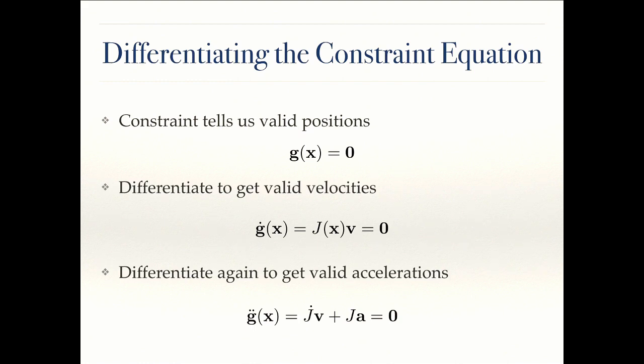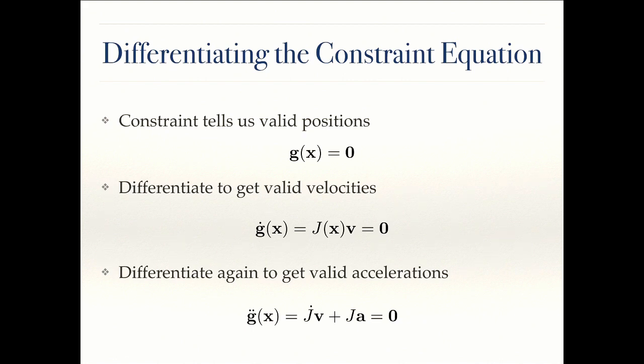And differentiating it once again, I get an expression for what are valid accelerations. So I apply the product rule to this, and I get J dot v plus J v dot, which is a, equals 0. So these two additional equations came from our original constraint equation, and they're also valid equations.